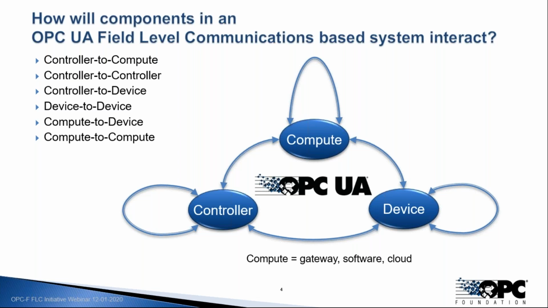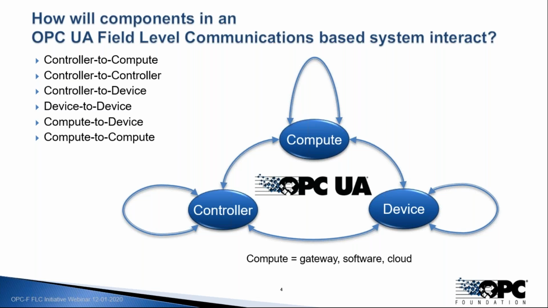We want to address the ability for controllers to talk to other controllers, as is often the scenario when things like process skids are brought into a system and need to communicate with each other, or different complex machines.